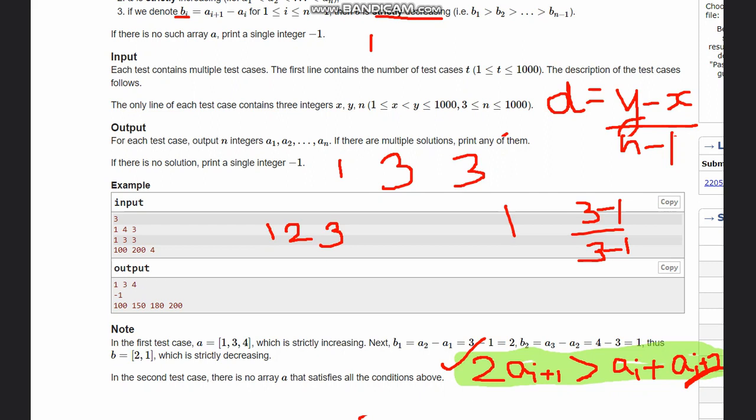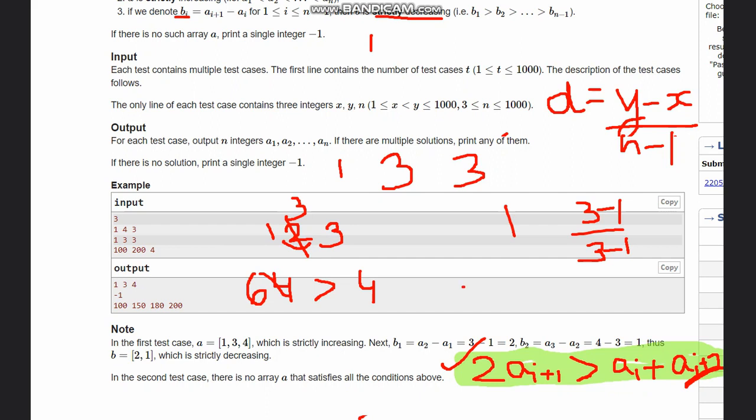Now we check this series, and we check 2 times a(i+1). a(i+1) is this. So 4 greater than 4, which is not true. We add plus 1 in this, so it becomes 3, and 3 into 2 is 6, so it becomes greater.